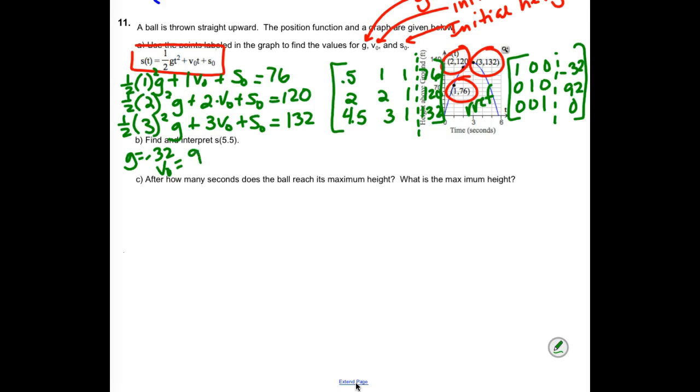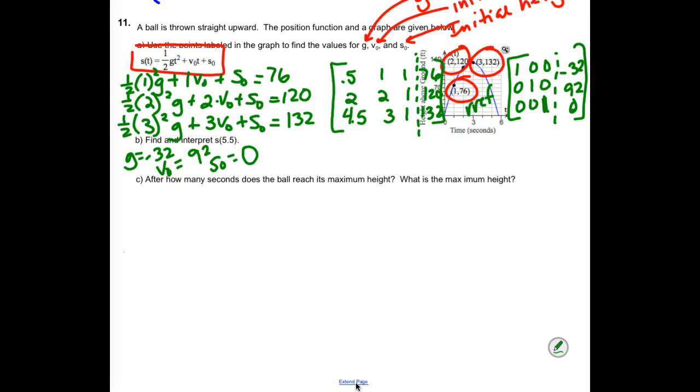So initial velocity is 92, and S sub 0 is 0. Remember, S sub 0 is your initial height. Does it look from the picture that that's starting at time 0 at a 0 height? Yes, the ball's on the ground.